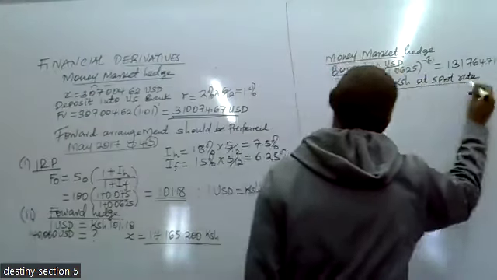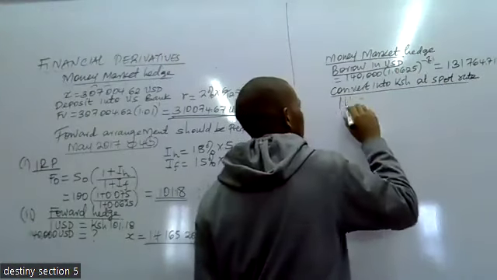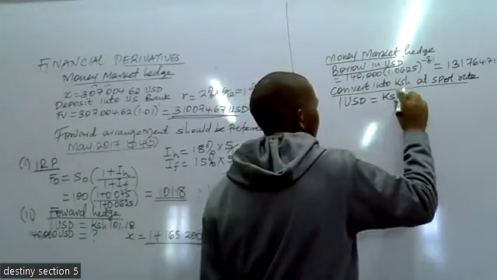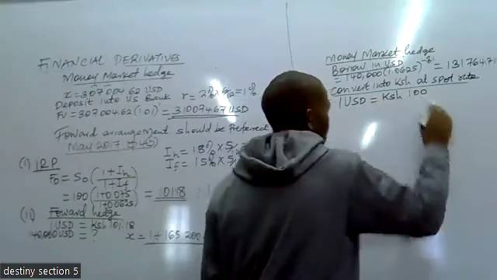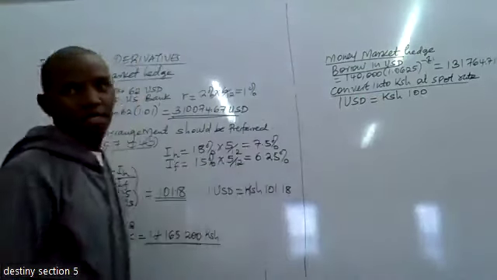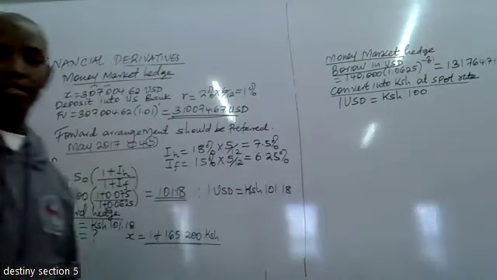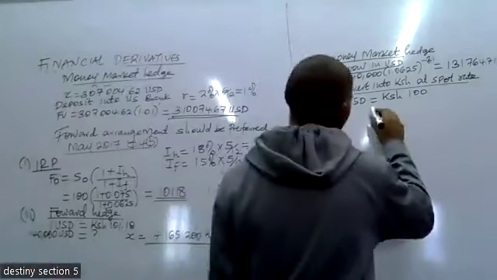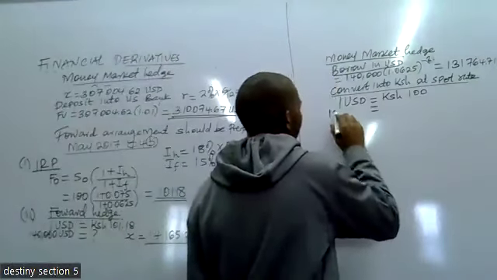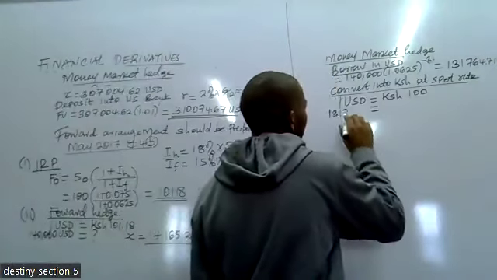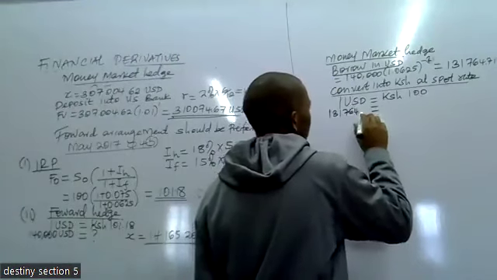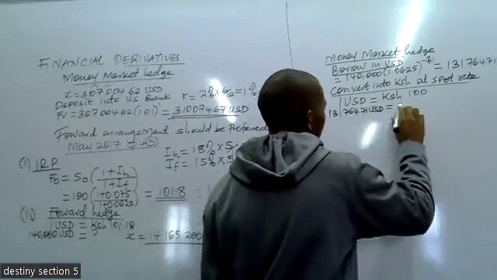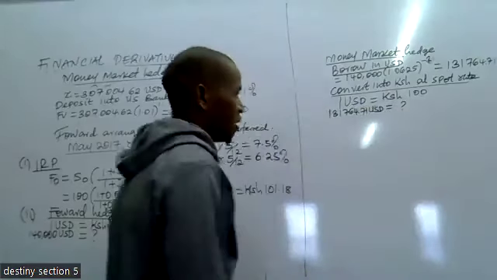So this will be 1 USD is how many Kenyan shillings? It is 100, the spot rate as at the start, which is January. Therefore, now we have 131,764.71 USD, giving you how much?